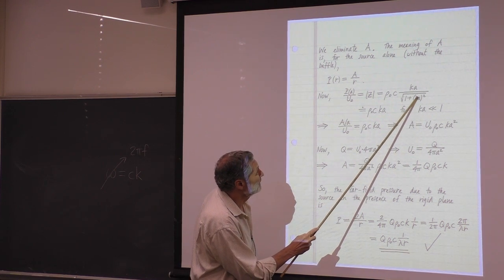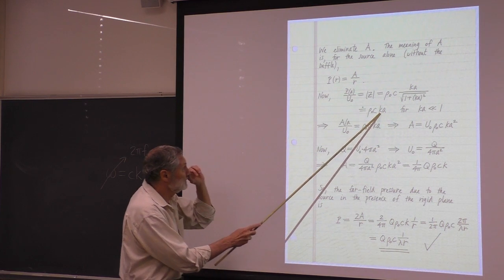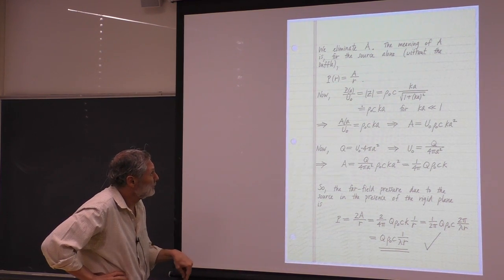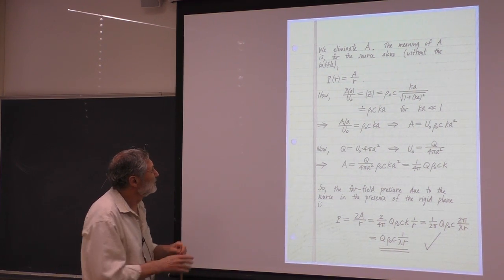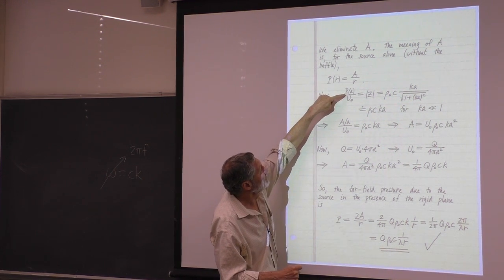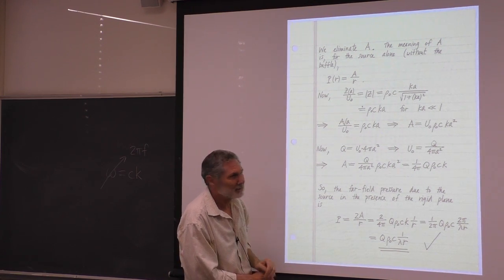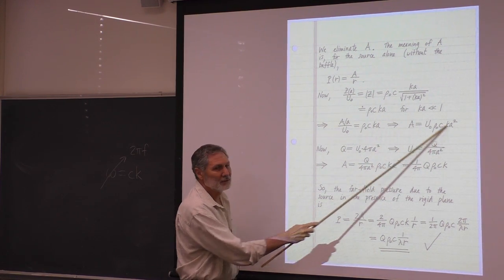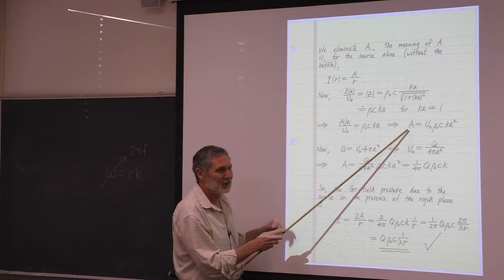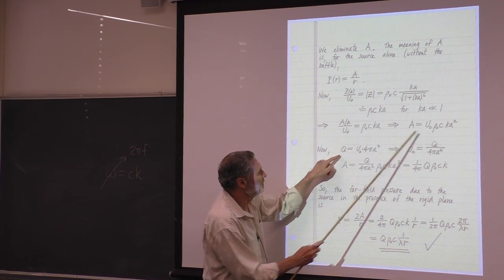We can neglect this term compared to that term. So we just get this, in our case, for a small source. So now I substitute my expression for P into here, and that's going to give me a connection between A and U naught. And here it is. Okay, now we're not quite there yet because we've got to get to Q, right? Well, we know the connection between Q and U naught.